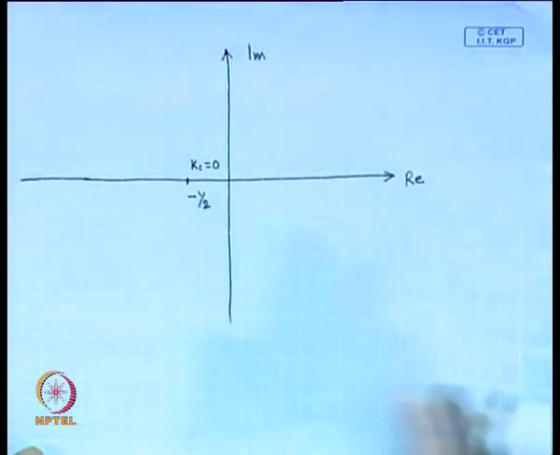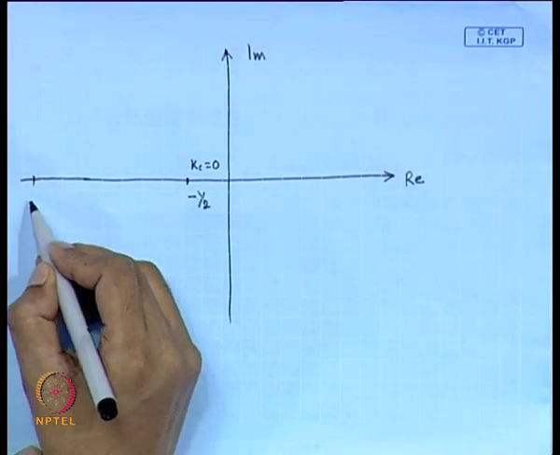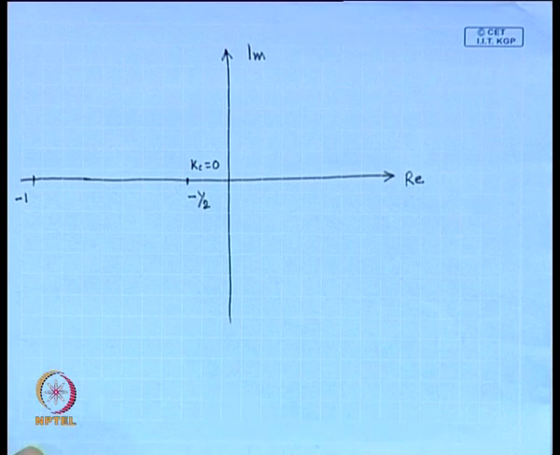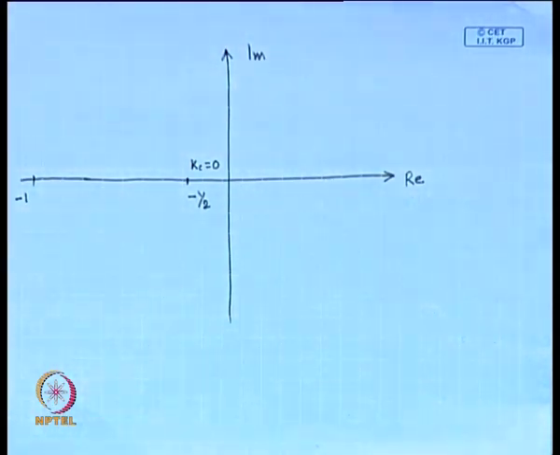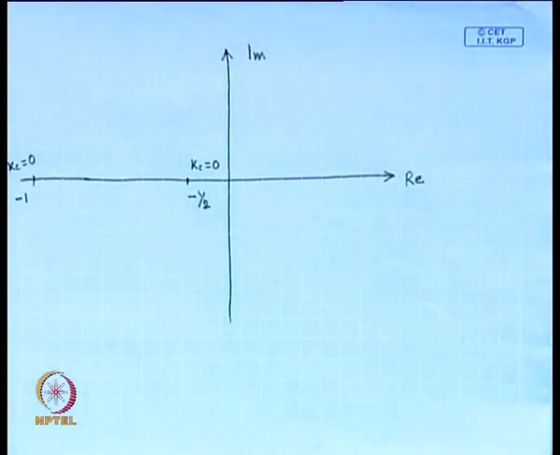When Kc equals 0, another root R2 is minus 1, corresponding Kc value is 0. So, when Kc equals 0, these two roots we have determined and they are located now in the complex plane.